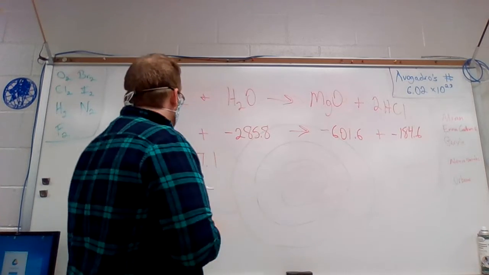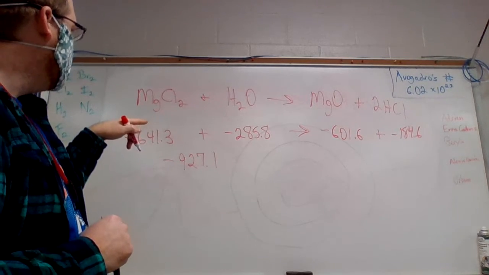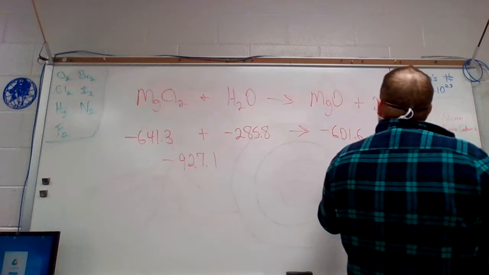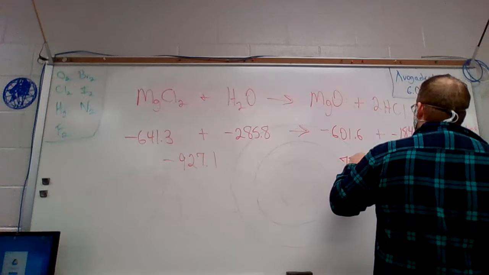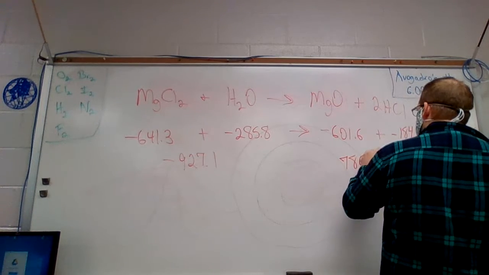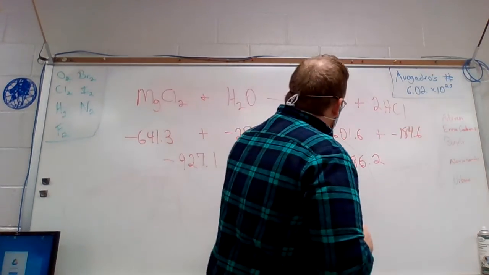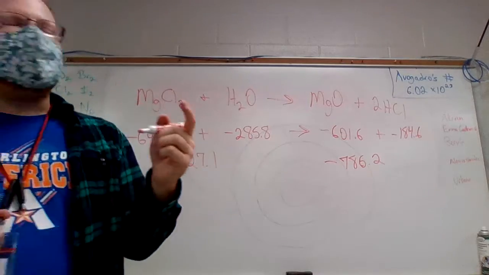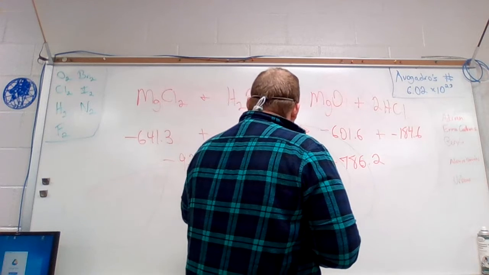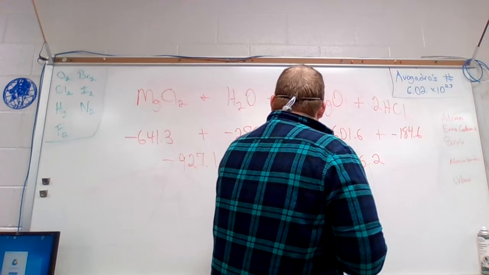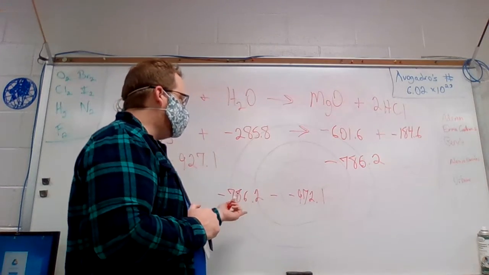And then add the products together, so I got negative 786.2. And then I do products minus reactants. So I have negative 786.2 minus a negative 927.1. Minus a negative becomes plus.